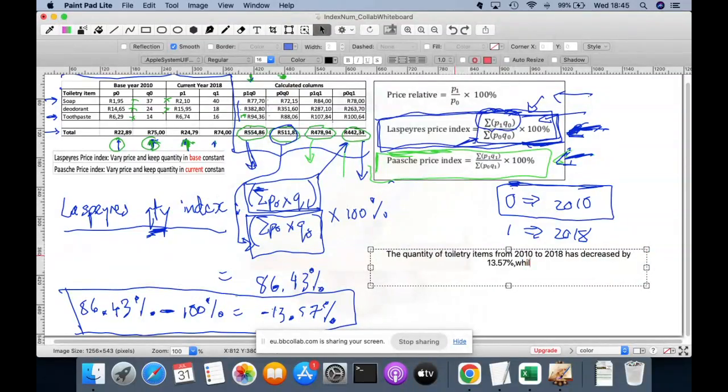While keeping, remember we're talking about how the quantity has changed, so that means we have kept the price constant. Which price have we kept constant? Let's look at the equation. Look at which p is the same on the top and the bottom. We're keeping the price in what year?